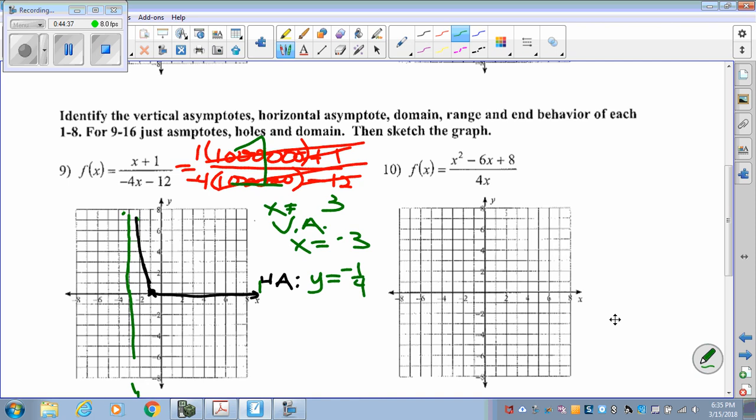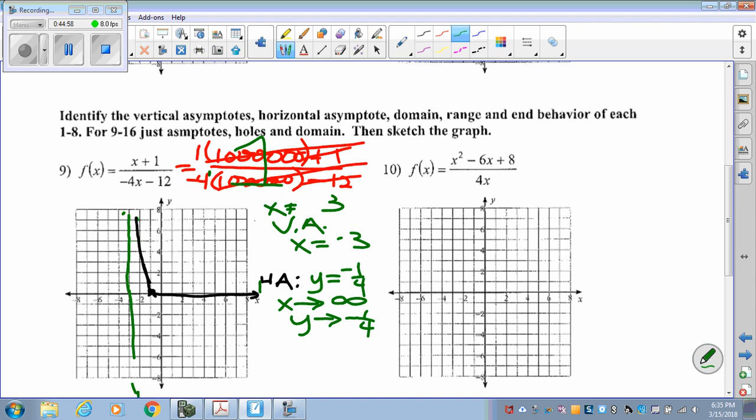Not exactly, but remember we're talking about x approaching positive infinity. X is getting really, really big. We're not talking about it ever getting there, but y is definitely approaching -1/4.